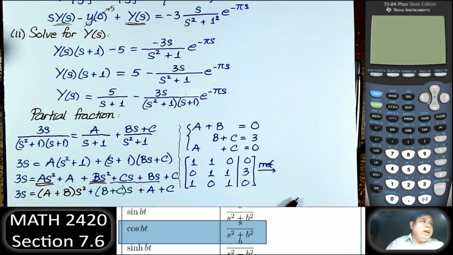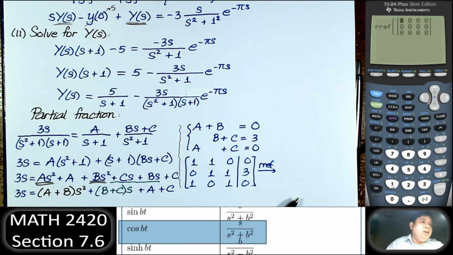So put in the calculator second matrix, reduce row echelon form, apply to the matrix and have 3 rows, 4 columns.